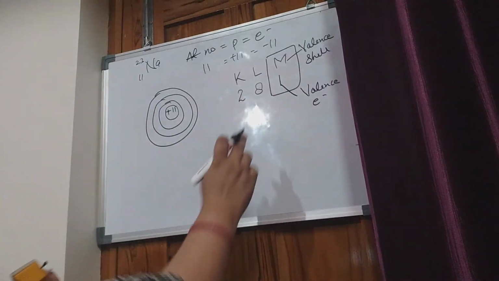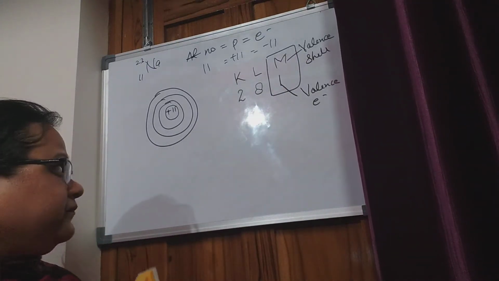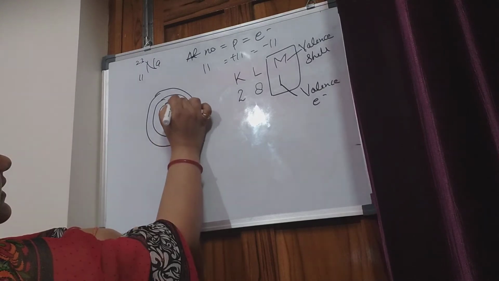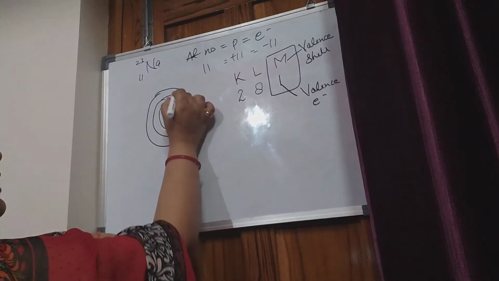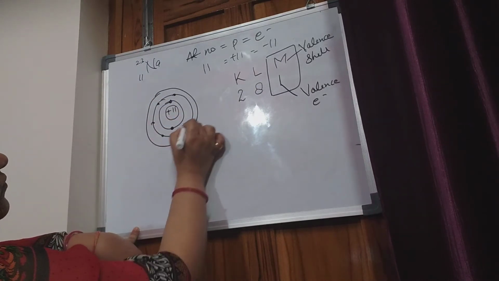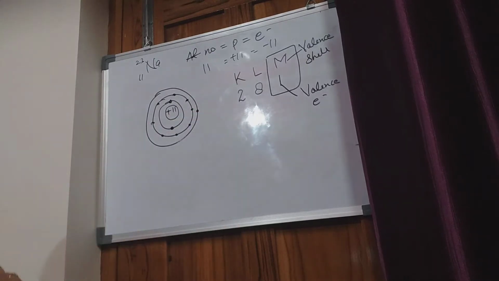So it has one valence electron and the valence shell is M. Now we'll arrange these electrons here. The K shell can have 2 electrons. Now in L, 1, 2, 3, 4, 5, 6, 7 and 8 electrons, and 1 electron will be here.